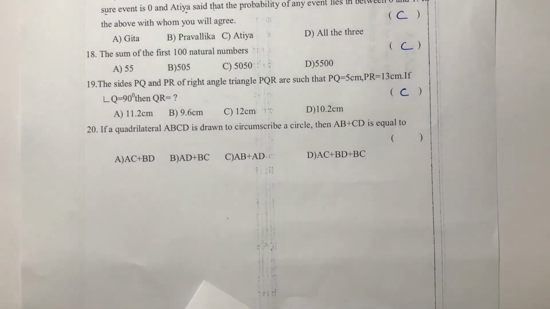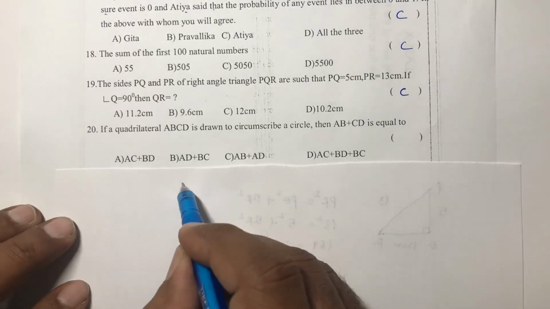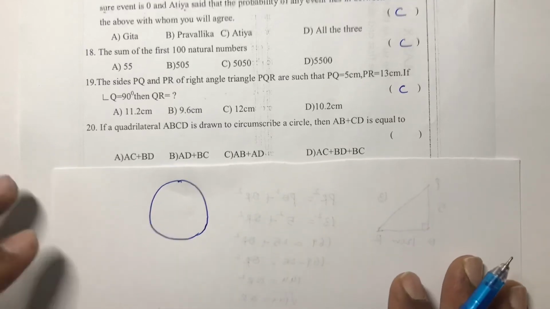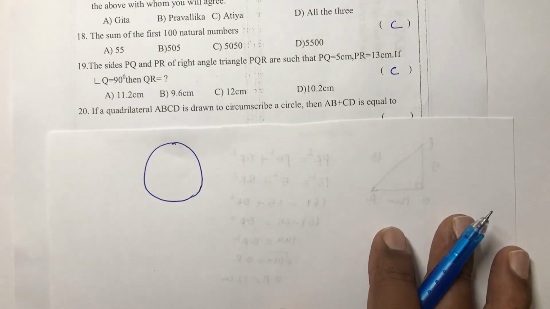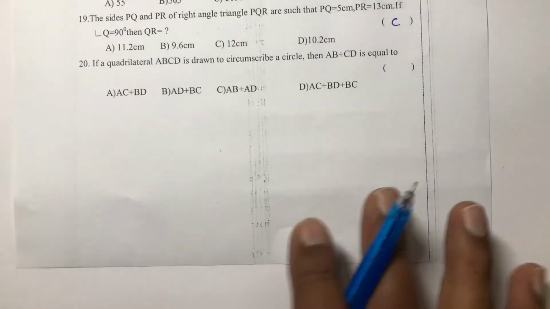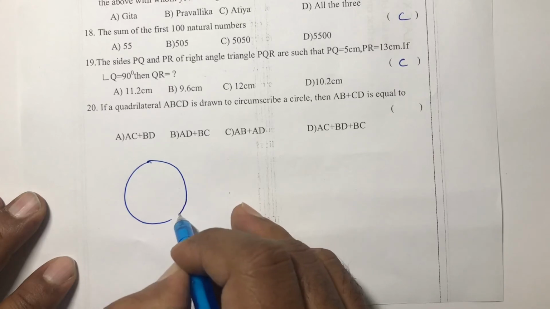Next one. A quadrilateral ABCD is circumscribed. Now see here, ABCD, a quadrilateral circumscribed about a circle.